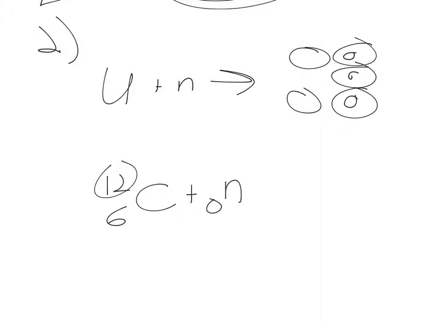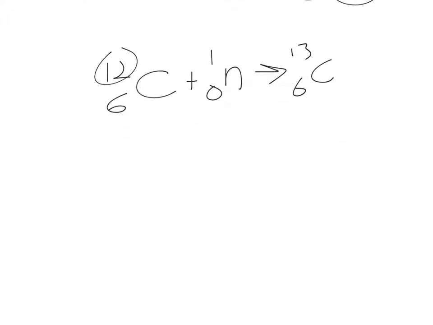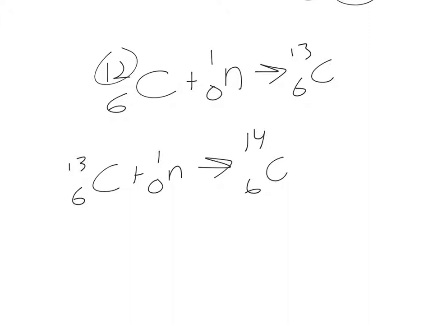So let's say you get hit by a neutron, and your carbon turns into carbon-13. You have some carbon-13 in your body right now. It's not that bad. Carbon-13 is a stable isotope, so you probably wouldn't notice much difference. But if you got bombarded with neutrons for a long period of time, that carbon-13 could get hit with more neutrons and turn into carbon-14, and now we're getting unstable.